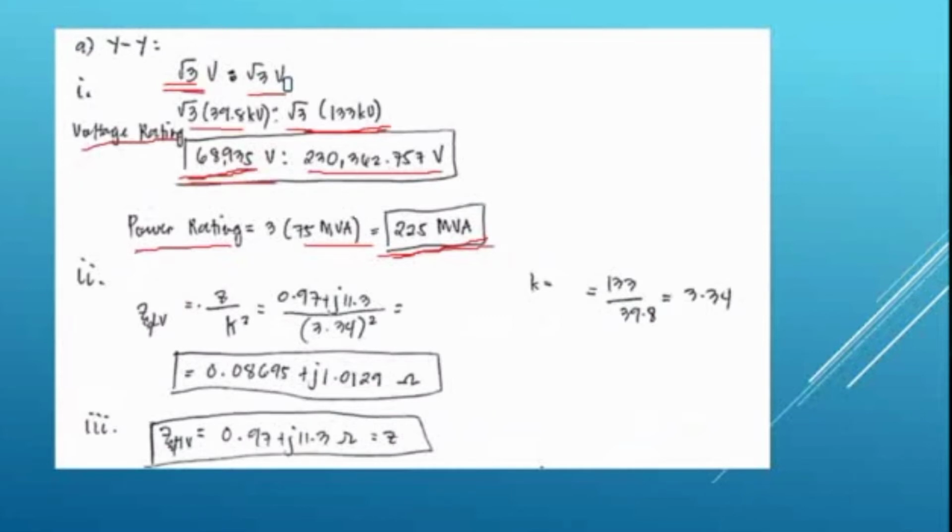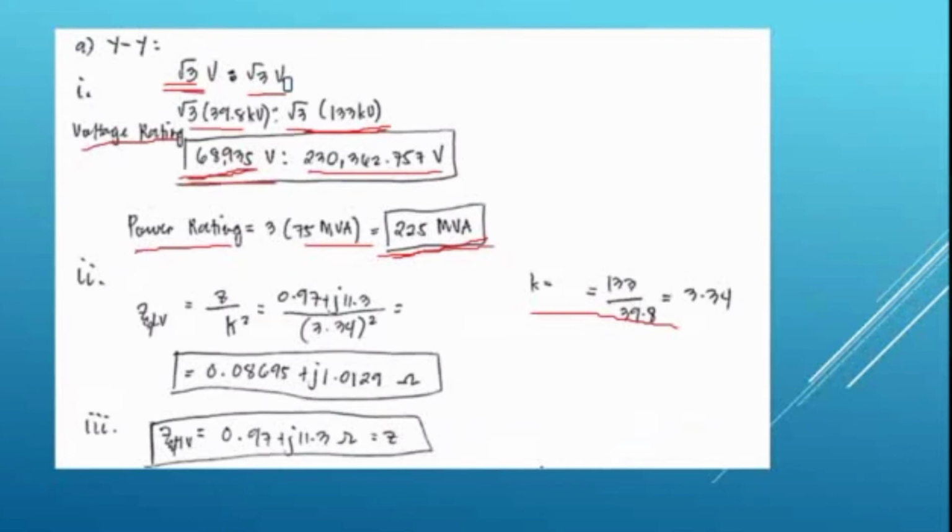Before we can get the equivalent impedance referred to the low voltage terminals, we will find the transformer ratio. Our transformer ratio is the high voltage side over the low voltage side.